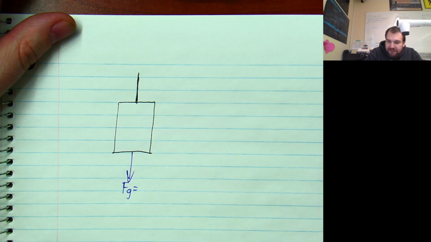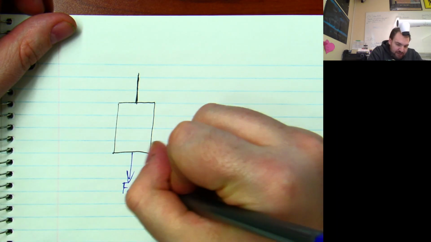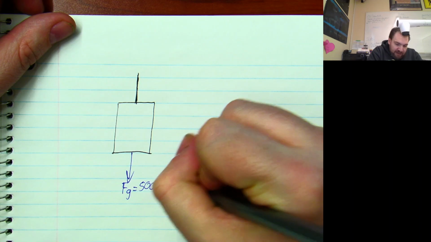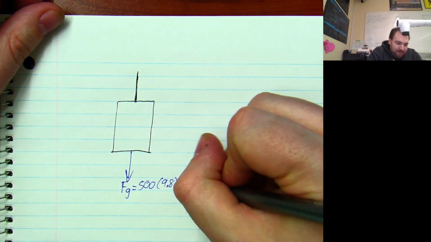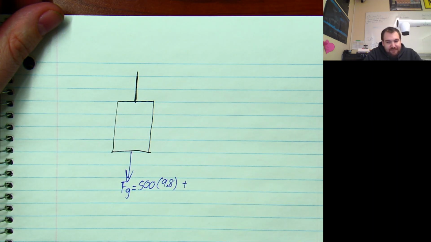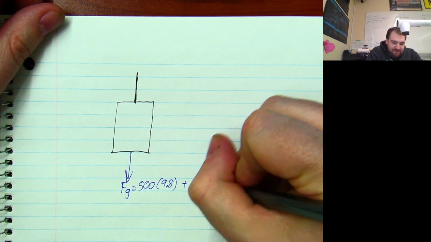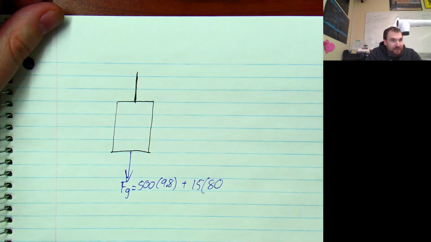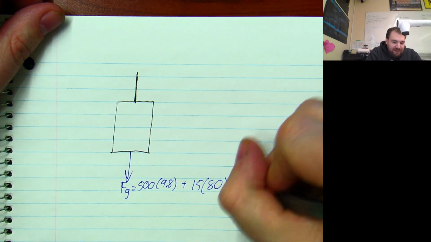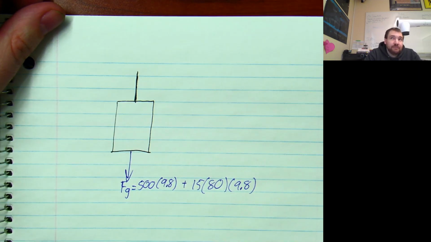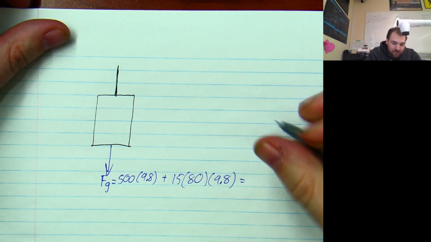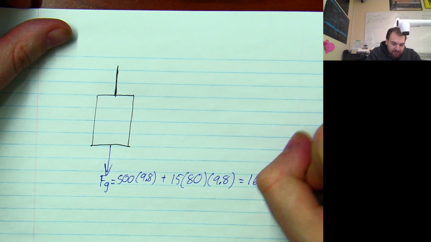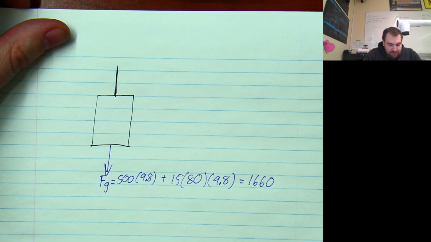Fg for the elevator is going to be 500 kilograms times 9.8, given the information in the question. Well, you also have to add the people. Oh, shoot. Plus 15 people times 80 per person times 9.8. All of it combined is 16660.